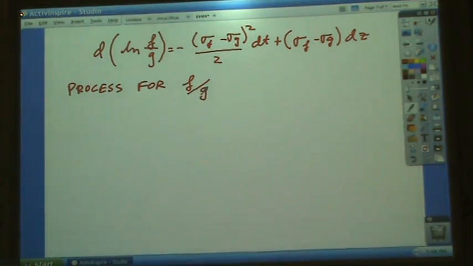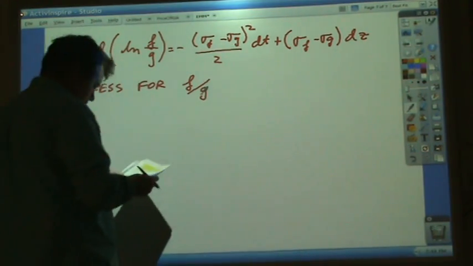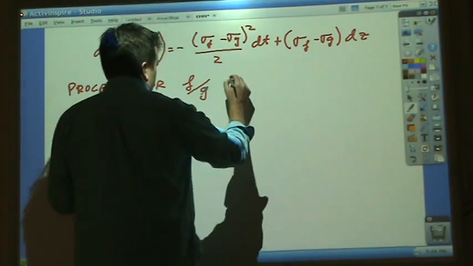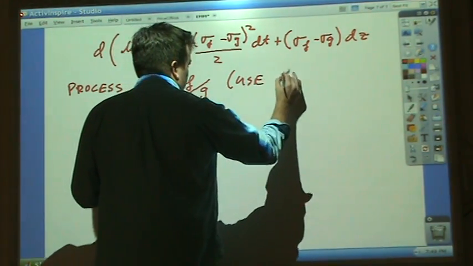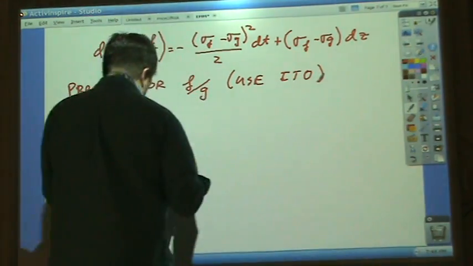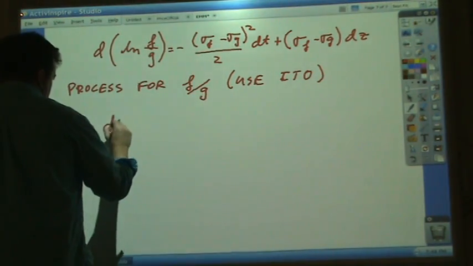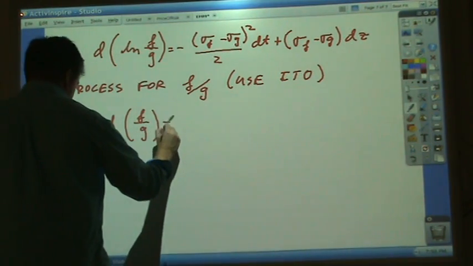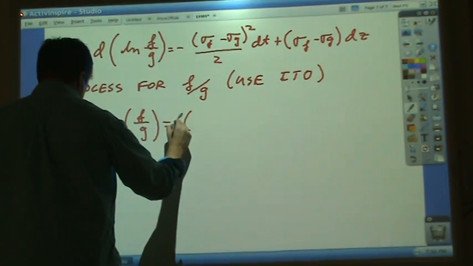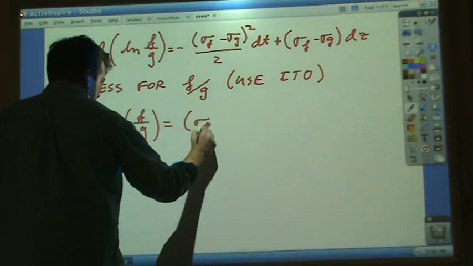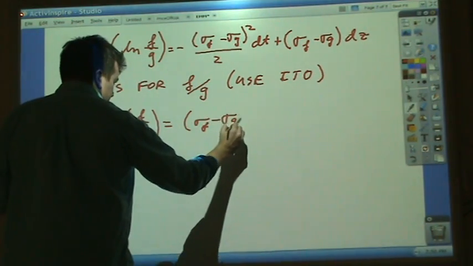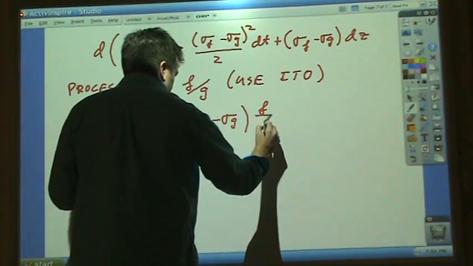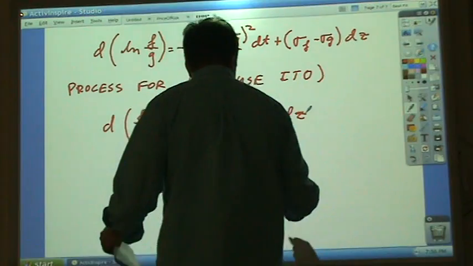If we wanted to come up with a derivative that tracks f divided by g, use Ito's also to get the rate of change of f divided by g equals sigma f minus sigma g times f divided by g dz.